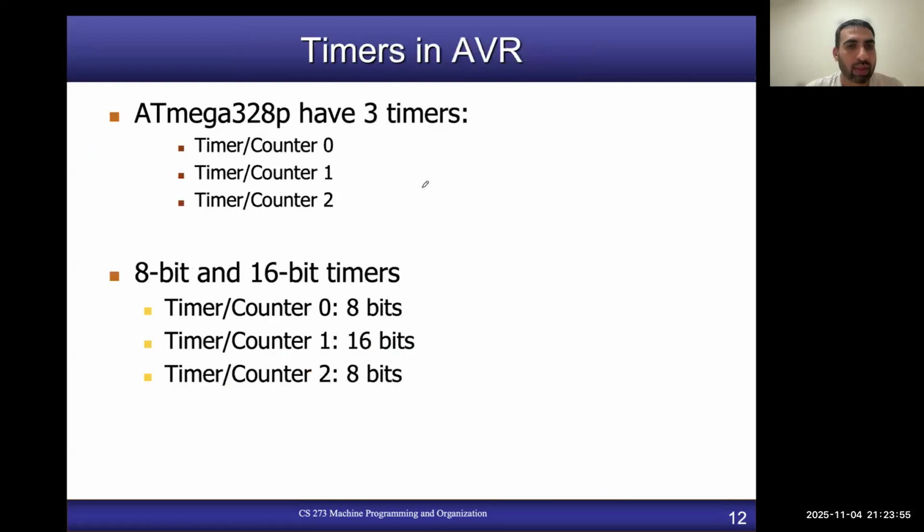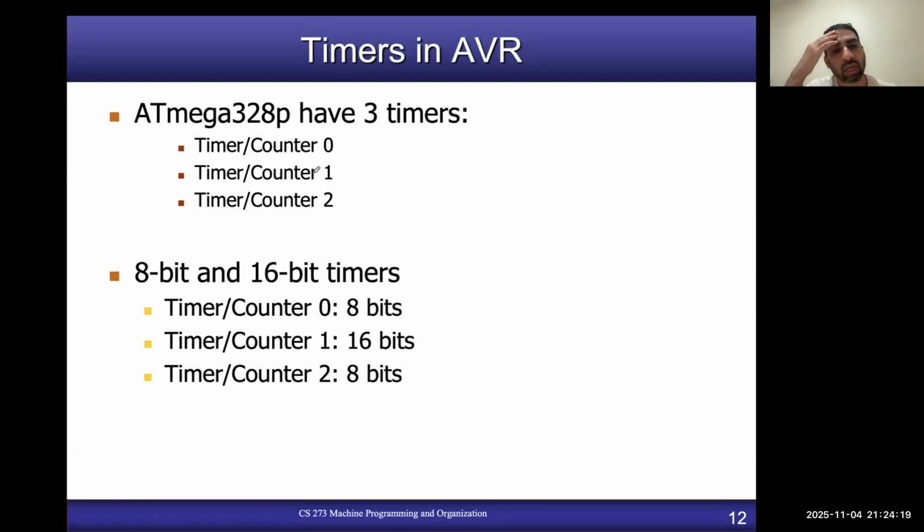Okay. So in the Atmega 328P microcontroller, we have three timers, actually three timers or counters, same as we have seen in the previous slides. The same register can be used as a timer or as a counter. It is a timer when you are using the register for delay generation, and a counter when you are using the same register to count some events.